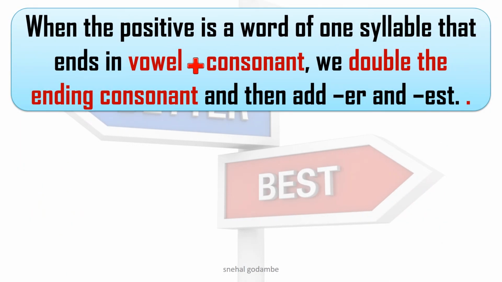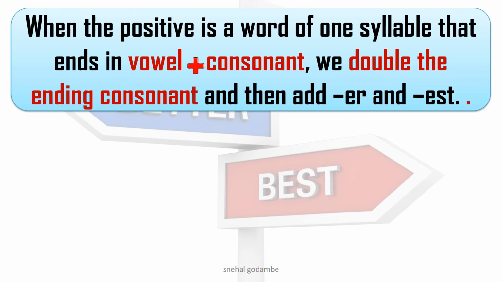When the positive is a word of one syllable that ends in vowel plus consonant, we double the ending consonant. Listen very carefully and try to understand. When the positive is a word of one syllable that ends in vowel plus consonant, then we have to double the ending consonant and then add ER and EST.